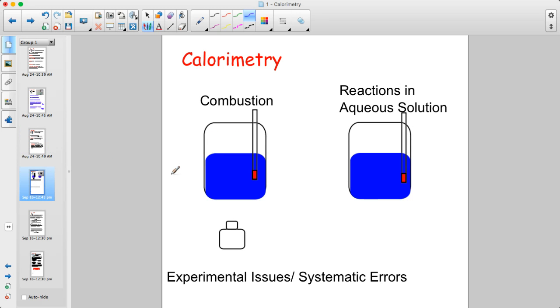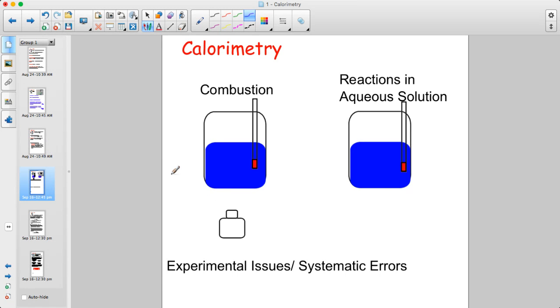So for you guys, there's really two kinds of situations that you'll deal with in calorimetry, where you're actually trying to calculate how much energy was either released or absorbed by a given process. Probably the most common, or one of the most common, is combustion. And so here's my flame. A lot of times they'll have you do a scenario where you're burning something beneath some water.